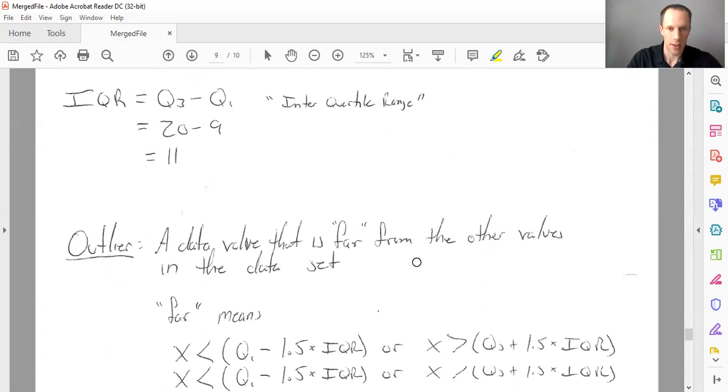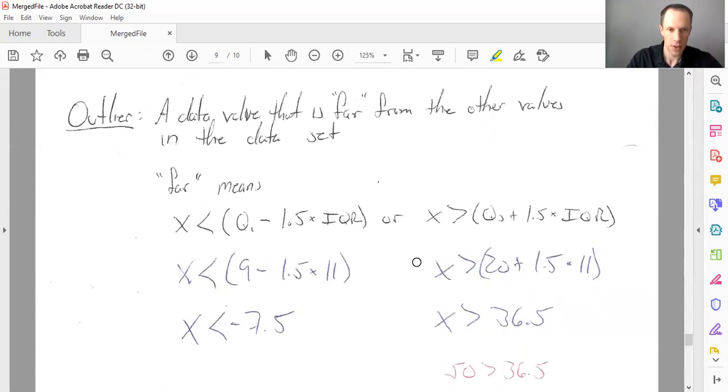Well, to get the outliers, there's going to be two conditions that we have to consider. We have to consider outliers that might be on the low end of the spectrum, and we might have to consider outliers that are on the high end of the spectrum.